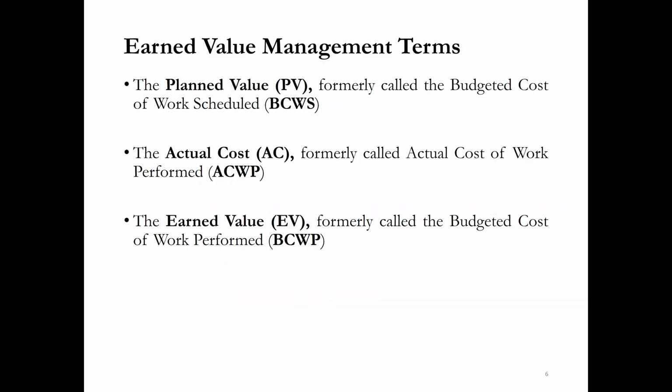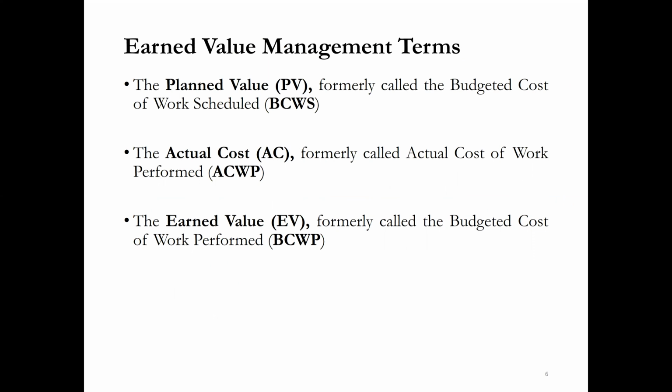Okay. So now we learn these earned value management terms that we are going to use. There are three basic terms we need to remember to evaluate these. First is planned value. We call it planned value or PV, formerly called budget cost of work scheduled, like based on our original bid price or contract.